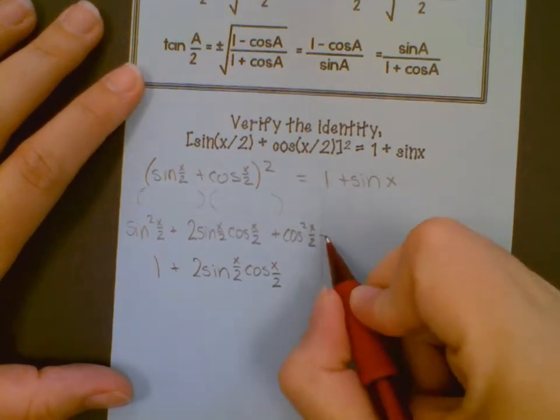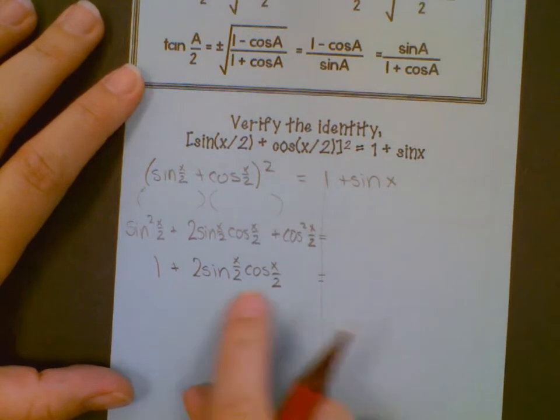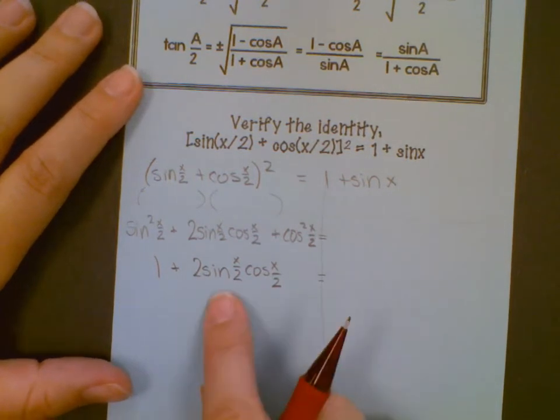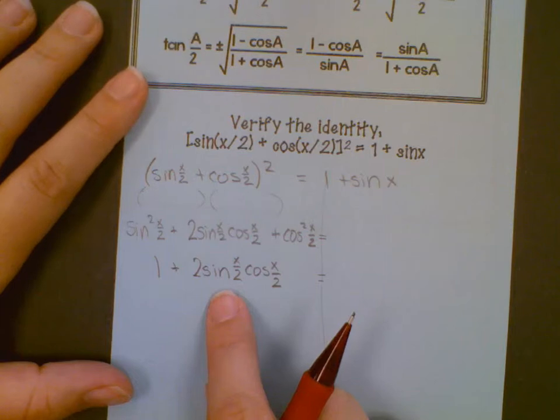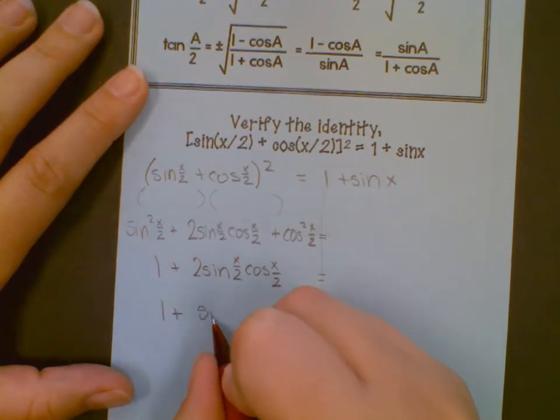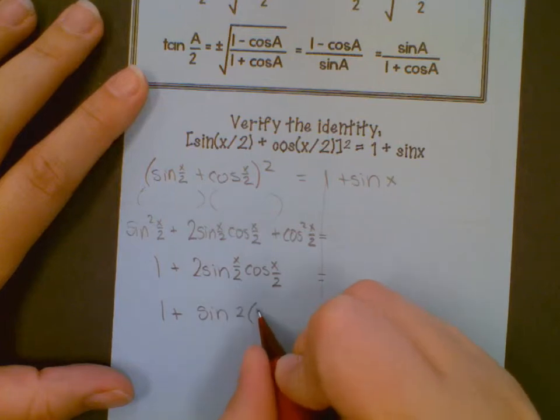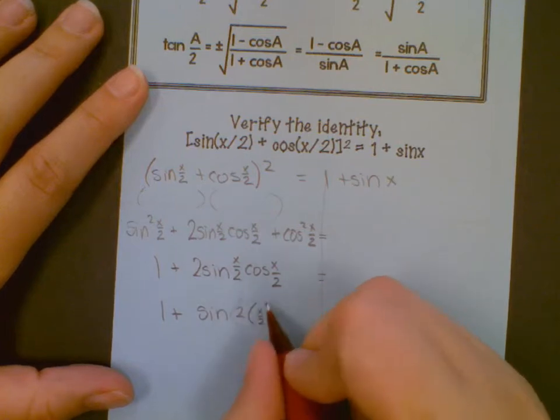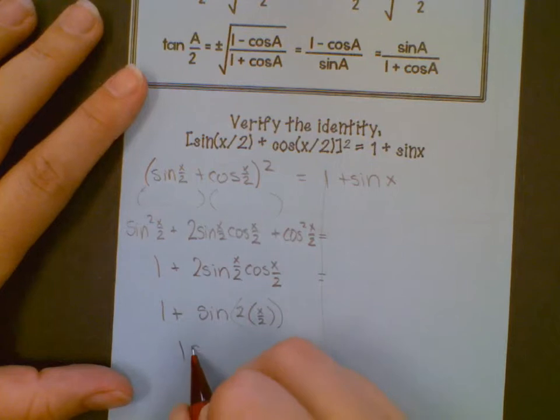From here, we look at this. This is our double angle identity for sine. So that would be 1 plus sine 2 times x over 2. So that's 1 plus sine x.